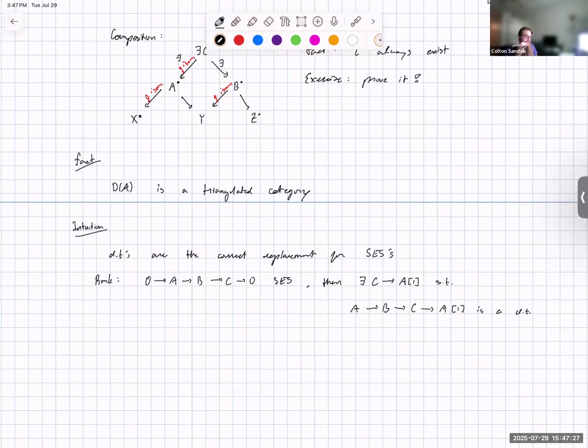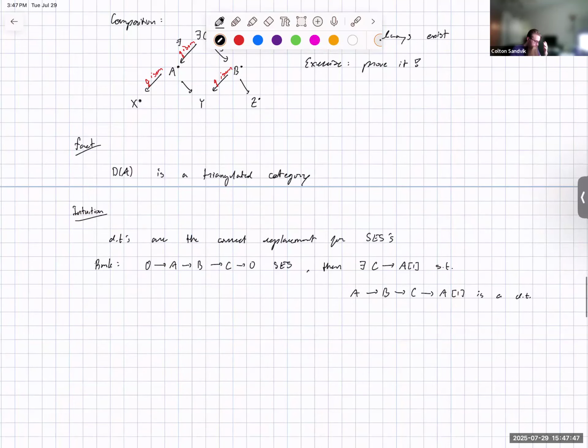So it has at least this property. If we have a short exact sequence, we get a distinguished triangle, and so that's good. But we want to be more general. And it's not more general in that it is weaker in exactness. It's more general in that it is better behaved with respect to things like derived functors.